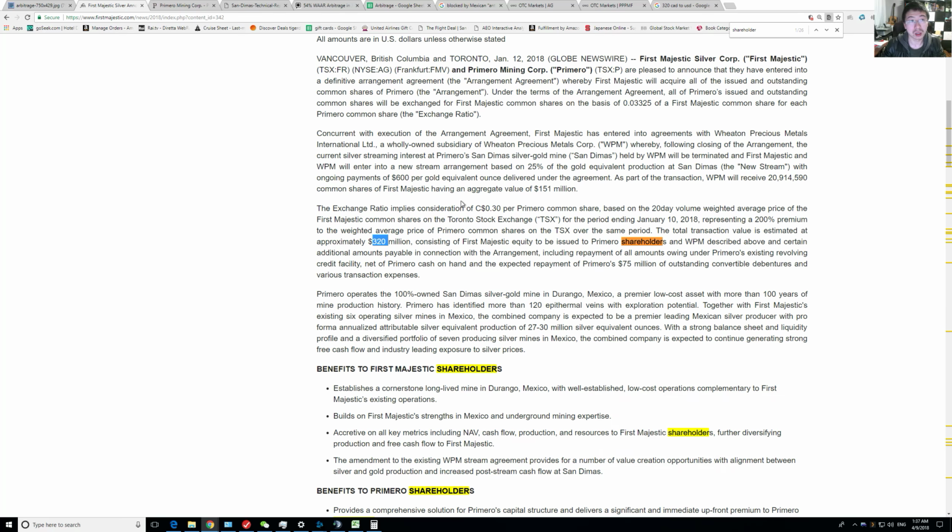Obviously, that $1 billion is not NPV. That's just if you exhaust the entire ore. So NPV wise, it's not going to be $1 billion. But the mine is already built, so they can just start producing. The whole reason Primero is dying is because Wheaton cut a lot into their profit margin. That's what killed them.